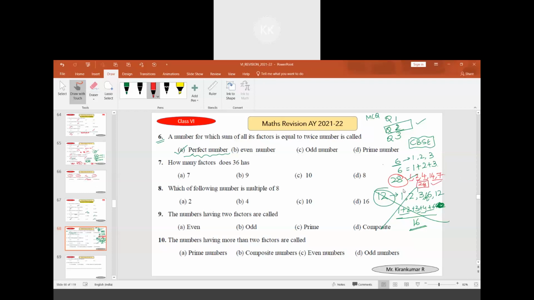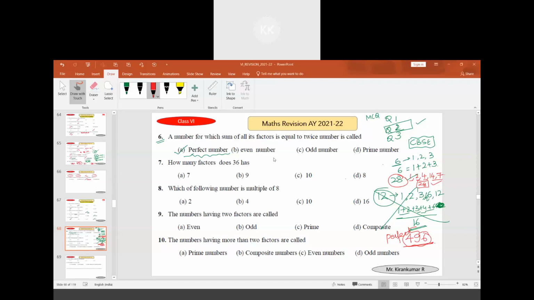This is correct. One more example: 496 is the next perfect number. You can cross check it by finding the factors and adding them. Then 8128 is a perfect number. Let me not go into the details. You just remember that 6, 28, 496 are perfect numbers.